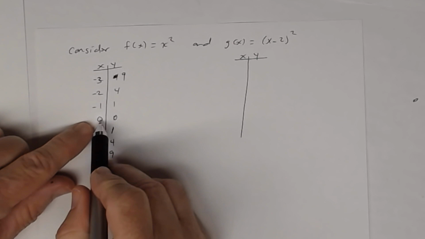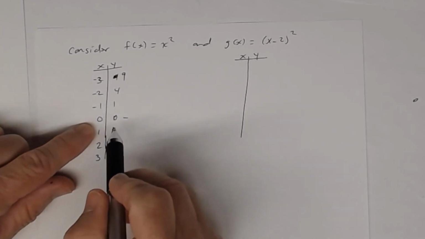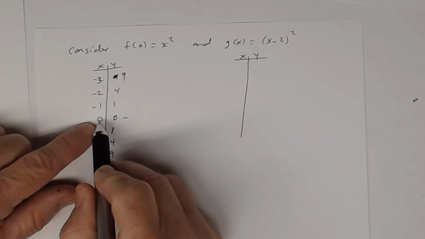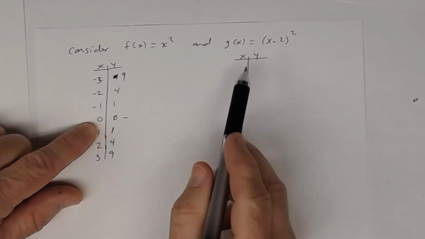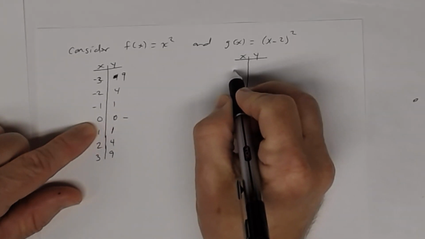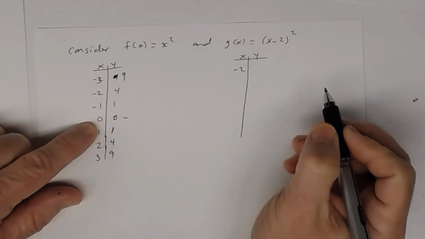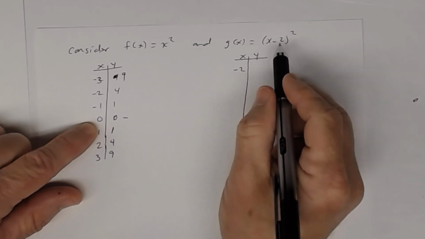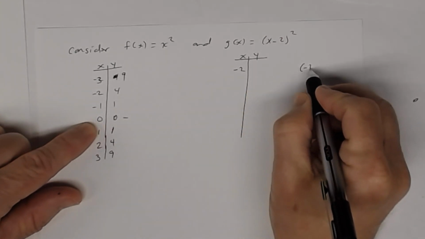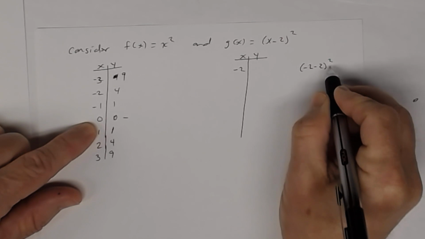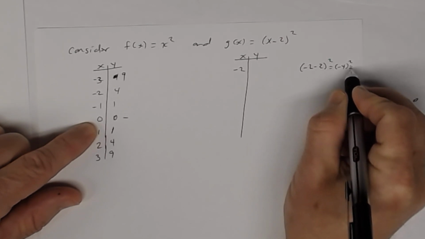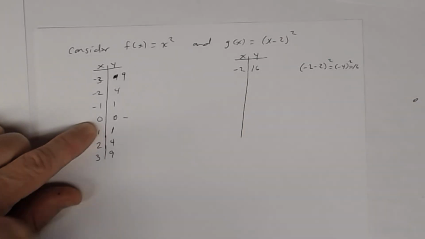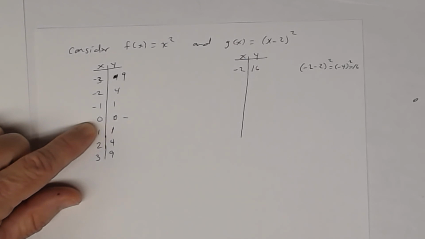So I want to just focus on this one here. Let's look at this one right here. So when x is 0 and I subtract 2, which is what this is saying, I'm going to get a new x coordinate, -2, right? And so when I do that, and I substitute that in here, I get negative 2 minus 2 squared, which is negative 4 squared, which is 16. All right, so I'm going to get that y value, 16.